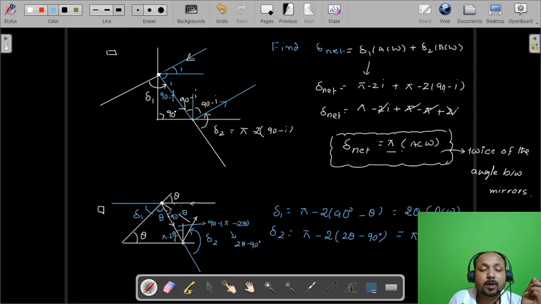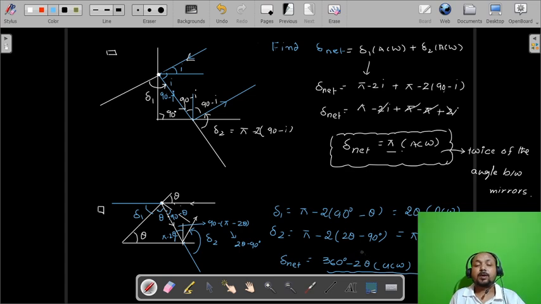Okay, so here del net we can write, just adding all of them, we will get 360 minus 2 theta, this is the del net in anti-clockwise direction, or you can say in other words it is 2 theta in clockwise direction. Both are the same answer.